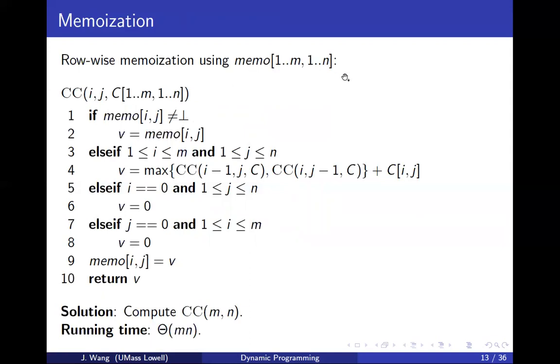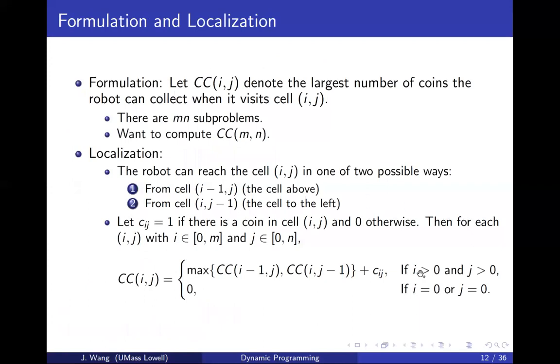So initially, each cell is set to nil. So for a given parameter (i,j), if it's not equal to nil, that means it has been computed. So then we simply return that value. Otherwise, we're going to check these 3 conditions.